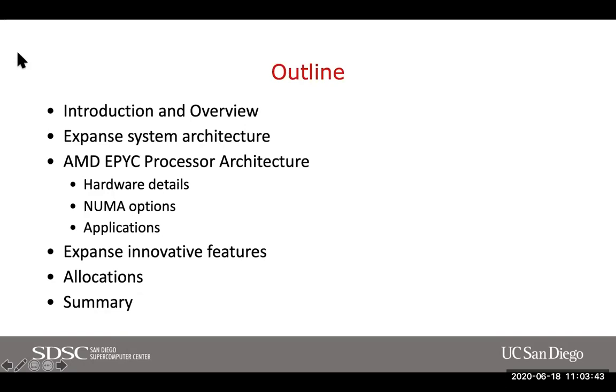So I'll go into the processor architecture details, the hardware details, and some of the applications that we have already tested. And we can't go into the results, but I'm going to basically give some broad information on how things are going. Expanse features a few innovative additions. So I'm going to talk about that next, and then the allocations process.